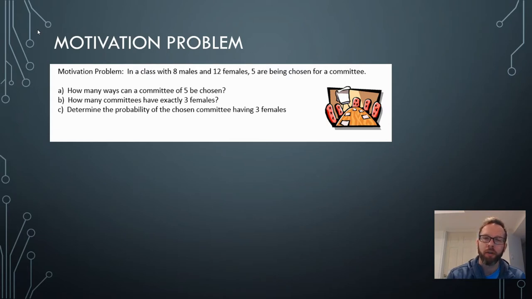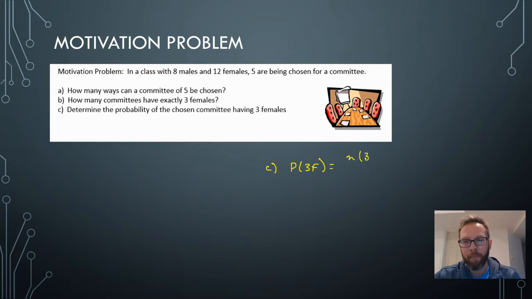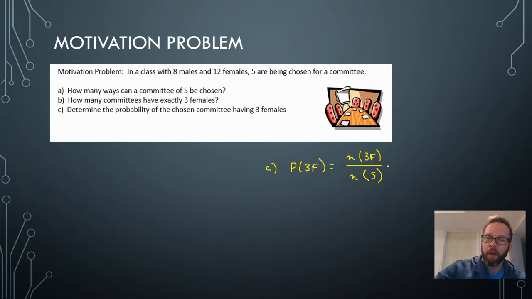To do part C, to know the probability of having 3 females in your group of 5, you need to find the number of ways to get 3 females on a committee and the number of total possible committees, which is the number of elements in our sample space, to get that probability.